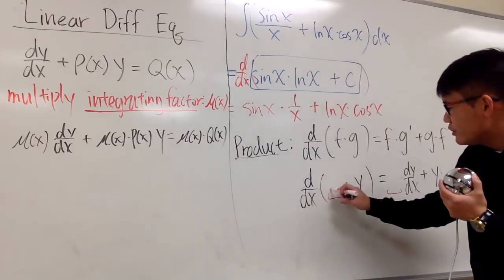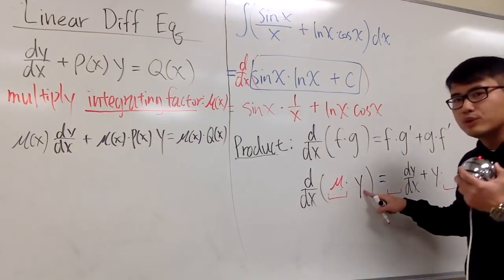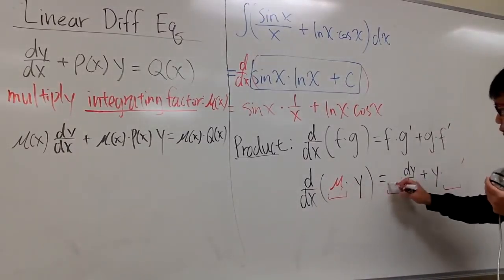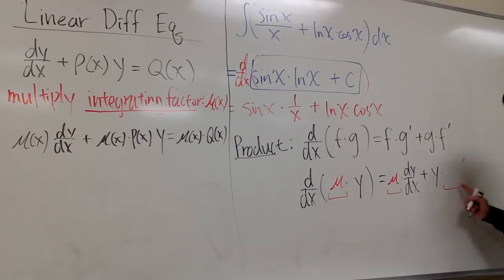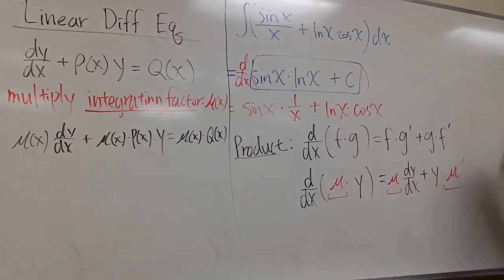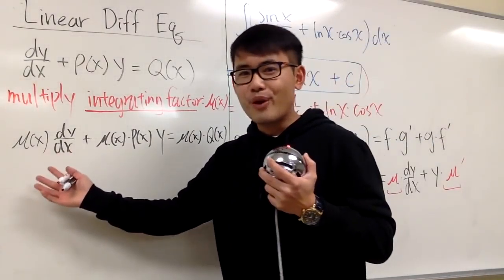Today, if we differentiate mu, which is a function of x, times y, which is also a function of x, we use the product rule. We keep the first function, which is mu, and then for the second part, right here, you see, we will have to differentiate the mu and then put it here. And now you see, we can mix and match the form.